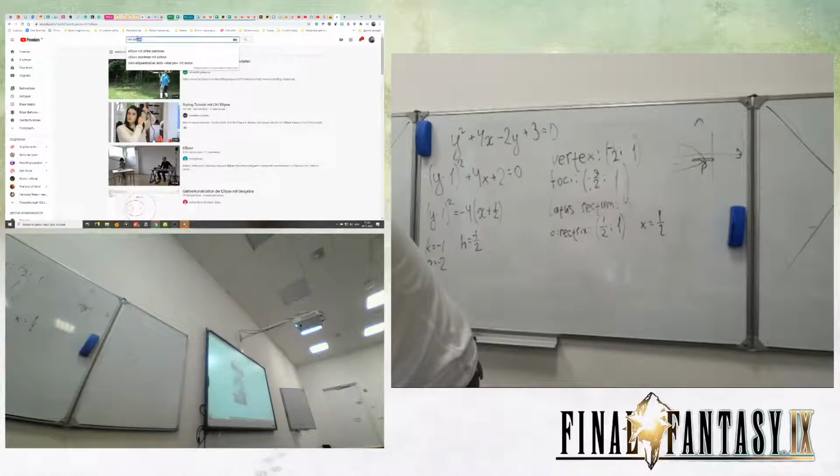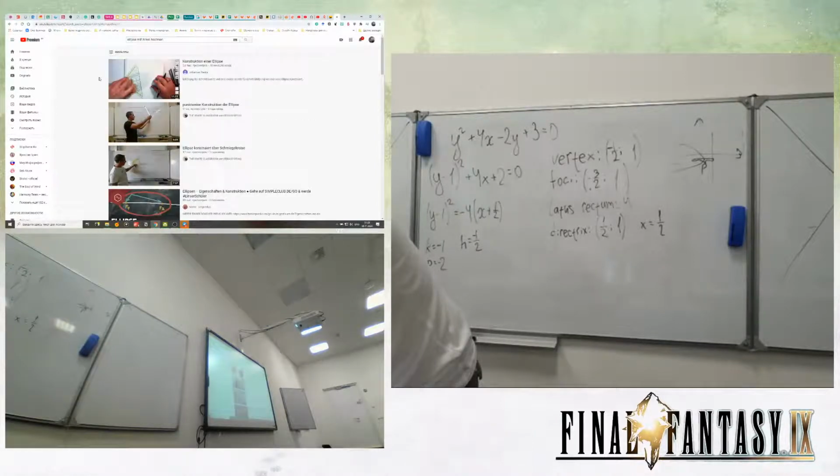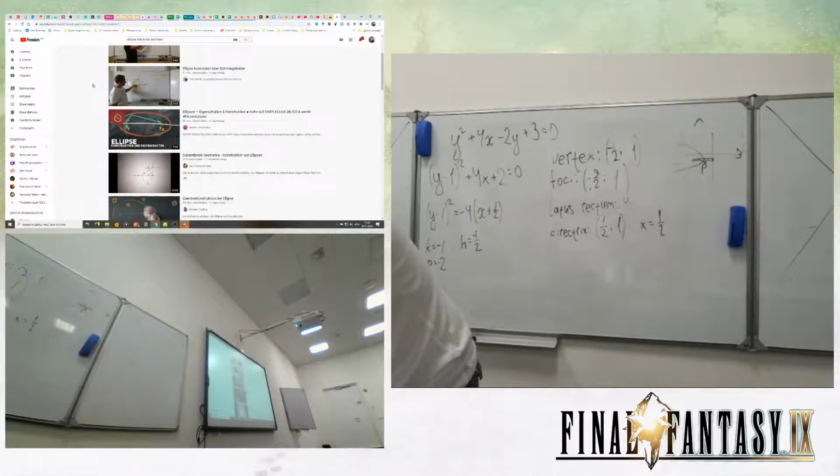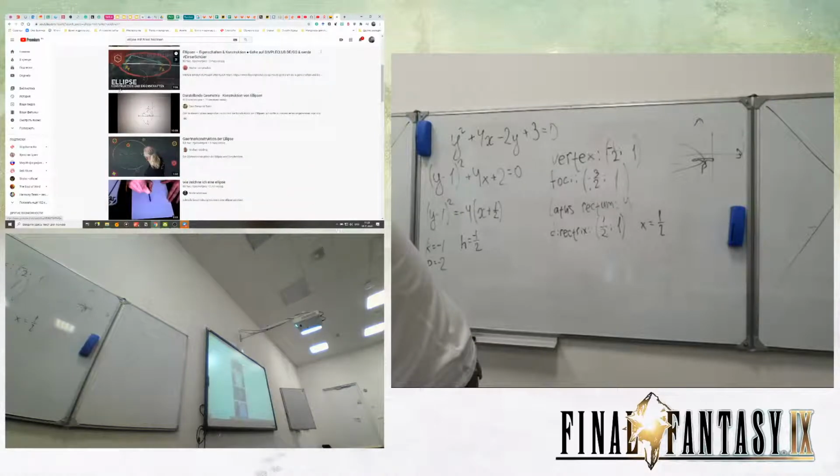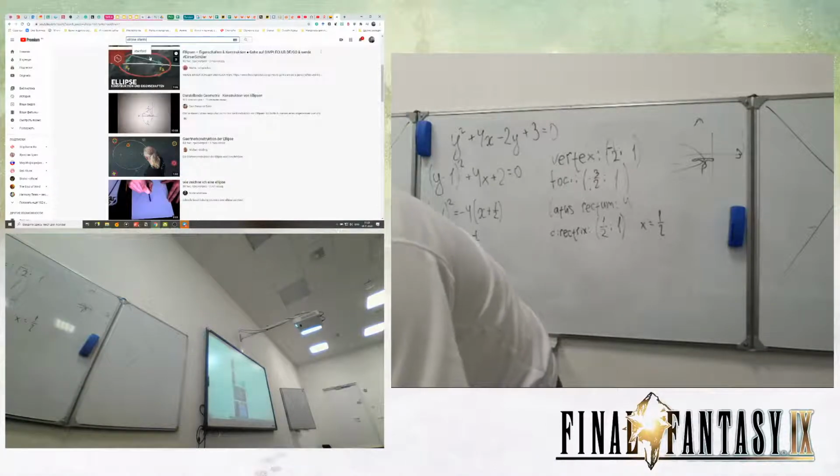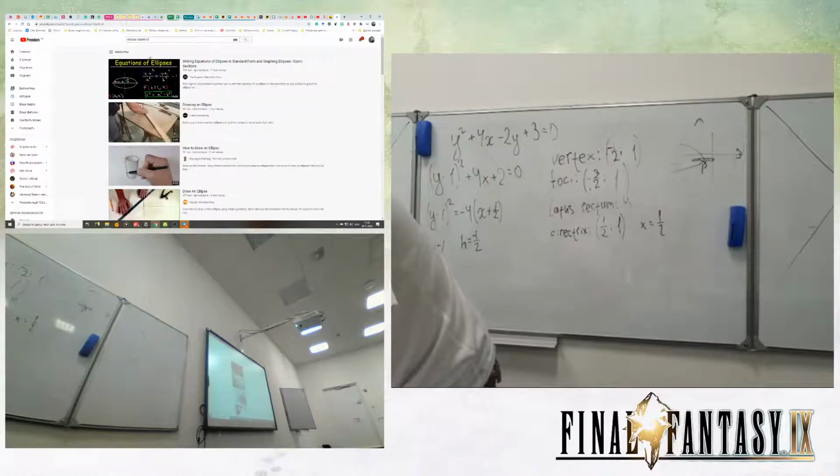I know it's more comfortable. Because you just find the focus and directrices from the vertex, and you need just to find P over 2, and it's easier than working with the other way.